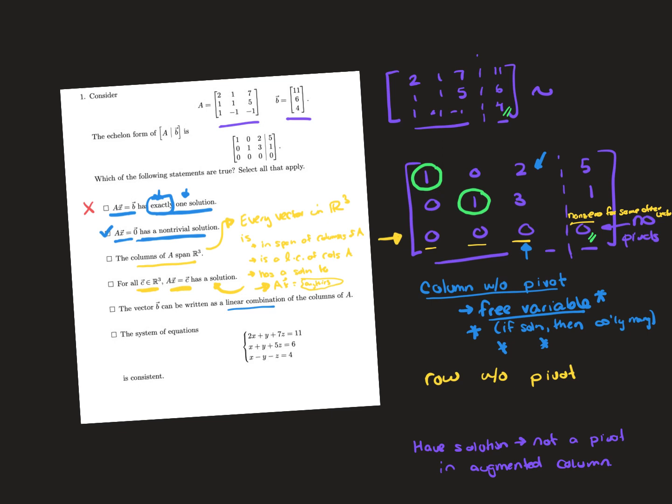The reason that would be a pivot is because it would be the first non-zero element in that row, because the rest of the elements in that row were already zeros. So if you have a row without a pivot, it's possible to get a pivot in the augmented column.